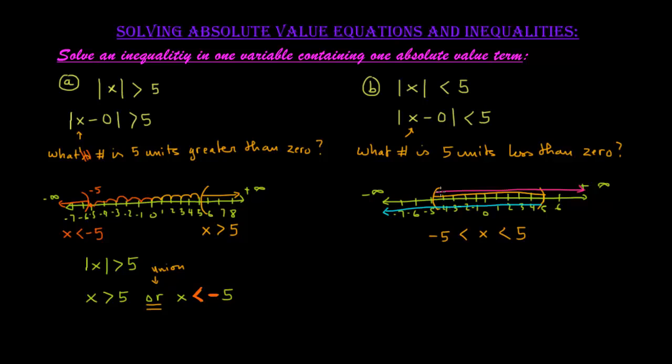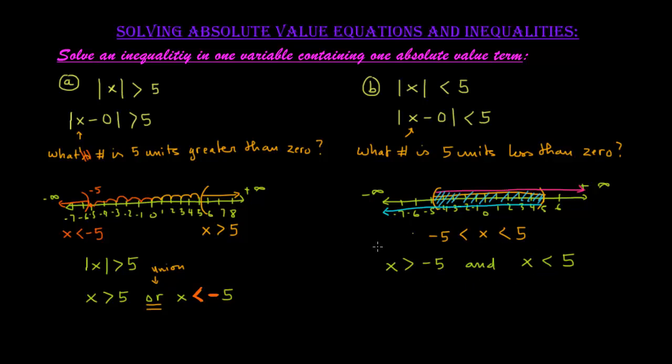Since the answer is the one in the middle, where they overlap, I will say we have x greater than -5 and, standing for the overlap, x less than 5.